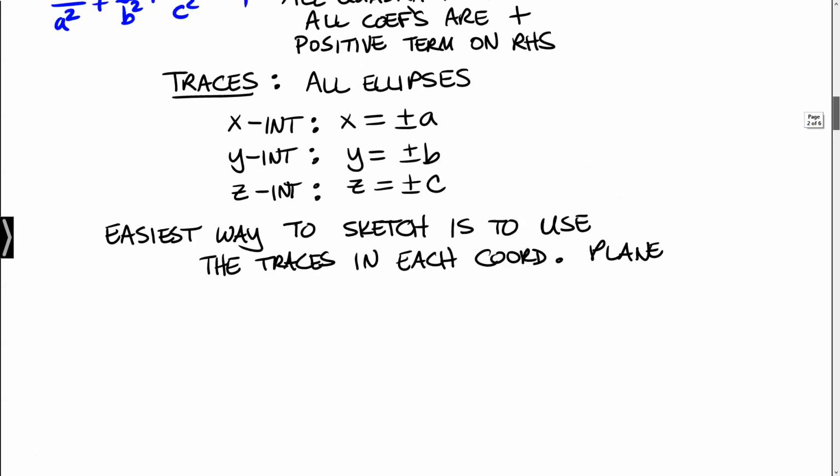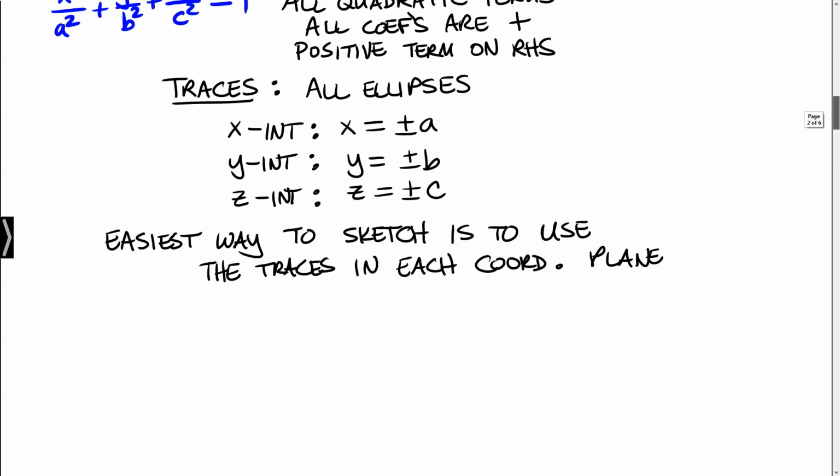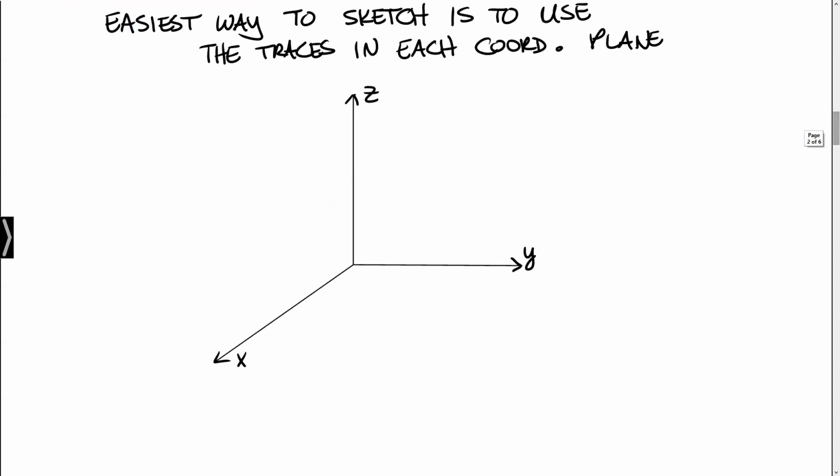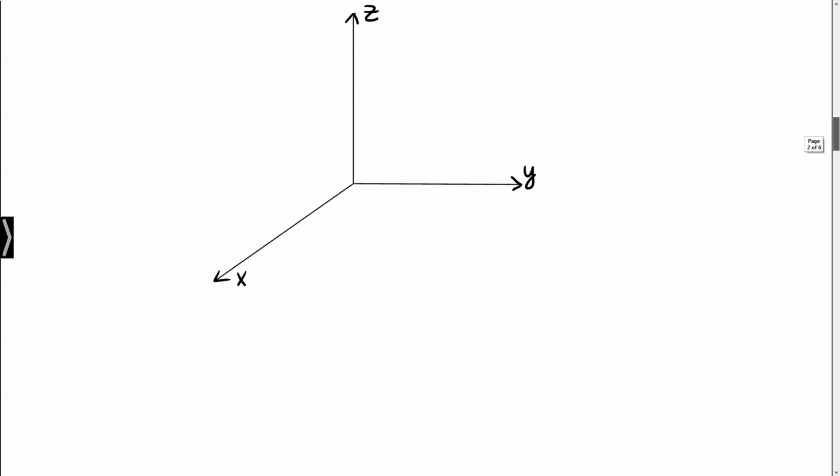So let me go ahead and show you what this would look like. Ours was x squared plus 9y squared plus 4z squared is equal to 36. So the first thing we want to do is divide through by 36.